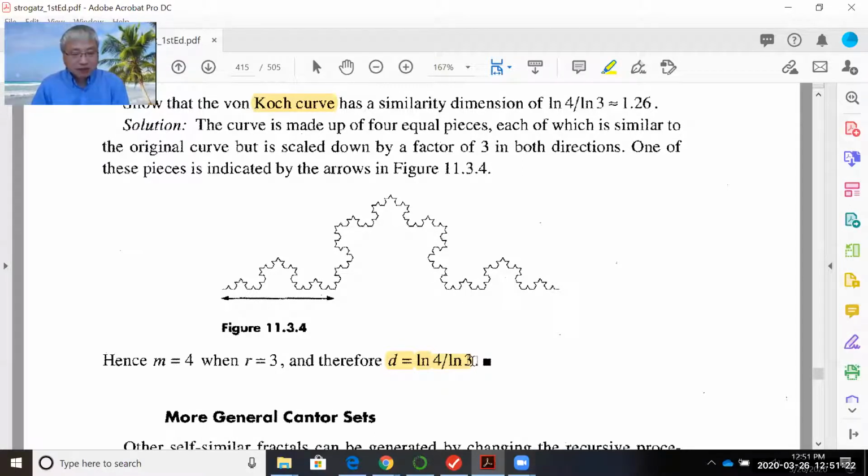So the Koch curve has a dimension which is larger than 1. That's why its length is infinity. Anything with a dimension larger than 1 has a finite size, but a length which goes to infinity. Two-dimensional objects, you cannot measure in length, because the measured length goes to infinity.